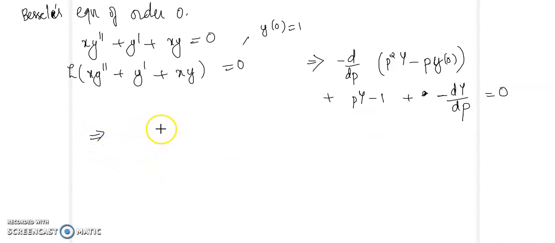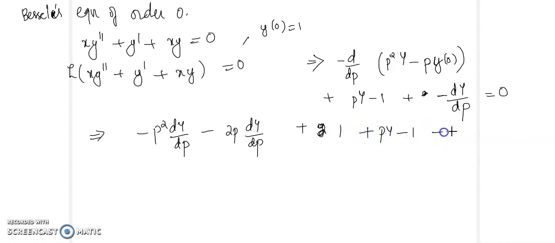So when you differentiate the first term with respect to p, you are going to get minus p square dY by dp, then minus 2p dY by dp, plus y of 0, which is 1, then plus pY minus 1 minus dY by dp equal to 0.